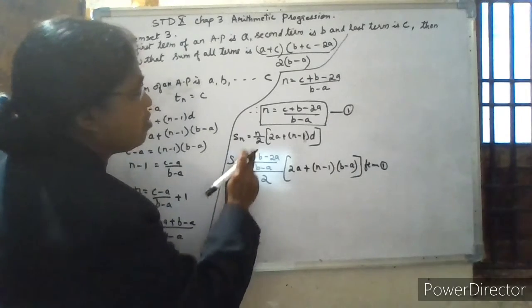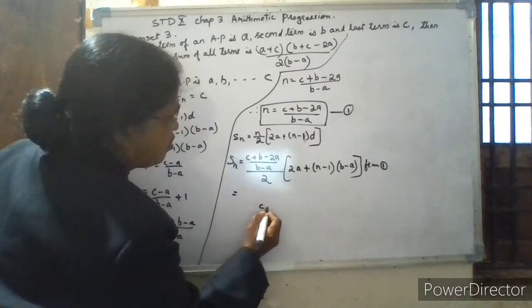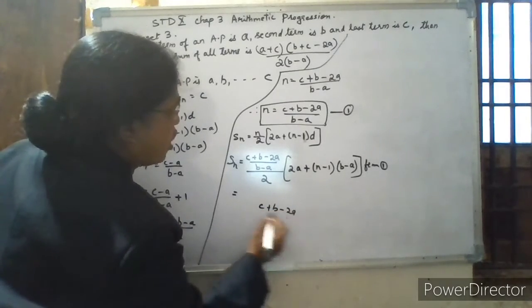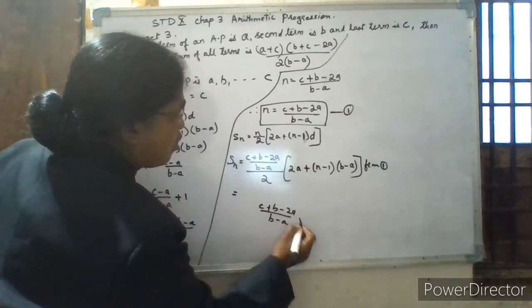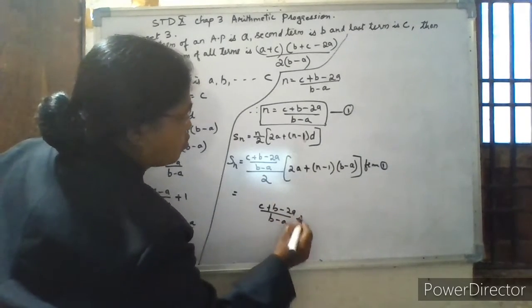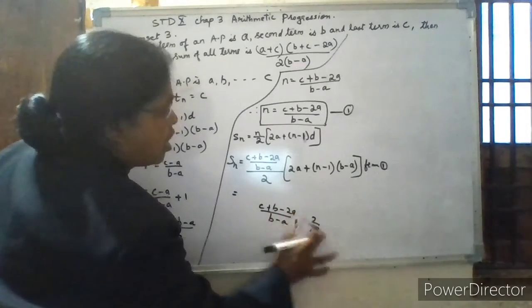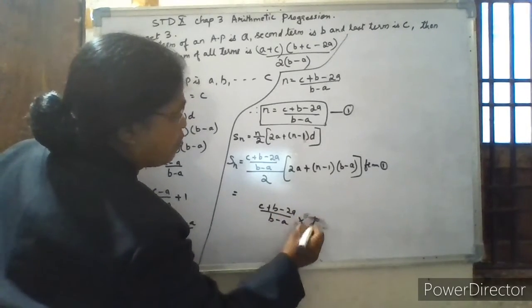Now when we solve this one, this is in the form of a rational number. So we get C plus B minus 2A upon B minus A multiplied by, actually it is divided by 2. When we take the reciprocal and multiply it, it becomes 1 by 2.